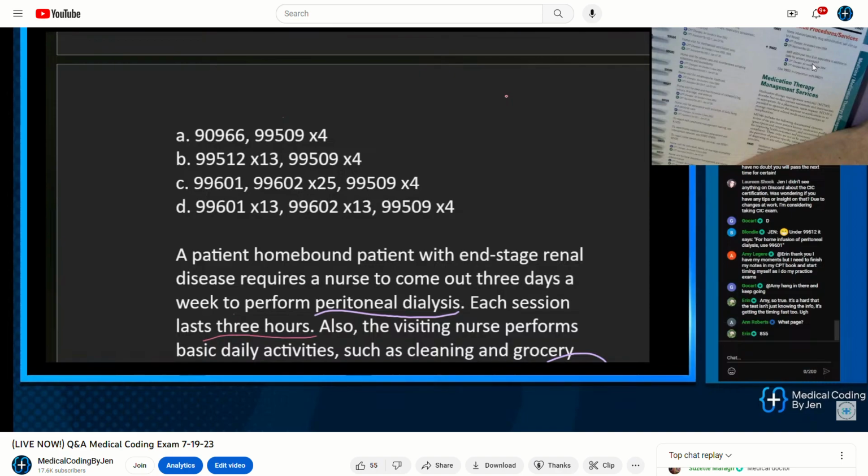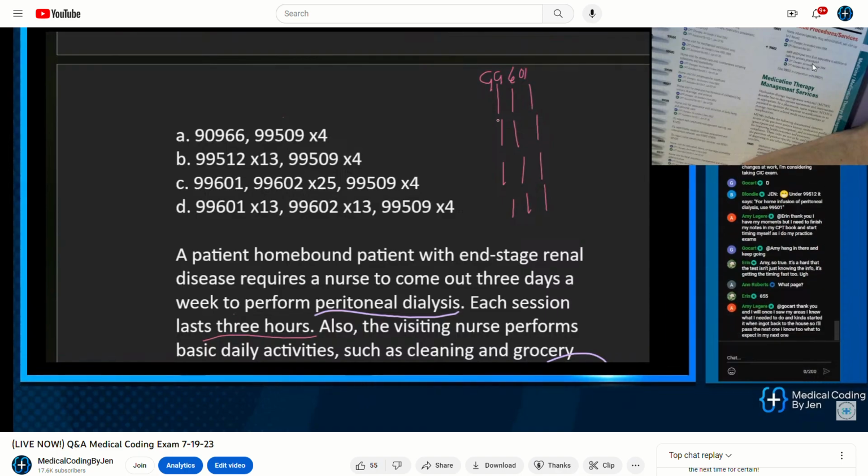So if somebody's at your house 3 days a week, there's 4 weeks in a month, right? This is for code 99601, and it covers 2 hours.